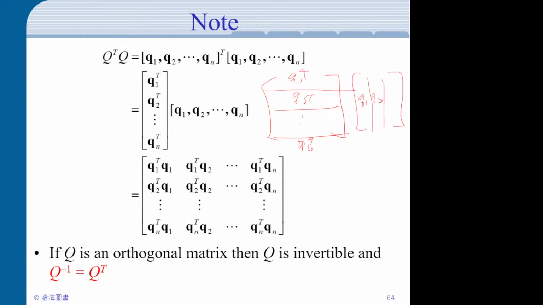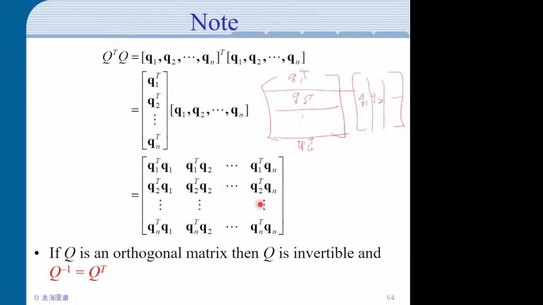Every element is a row in a product with a column. The ij element of Q transpose Q will just be the i-th column of Q inner product with the j-th column of Q, and we know that's delta ij.